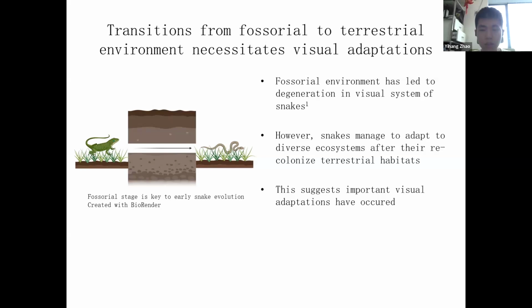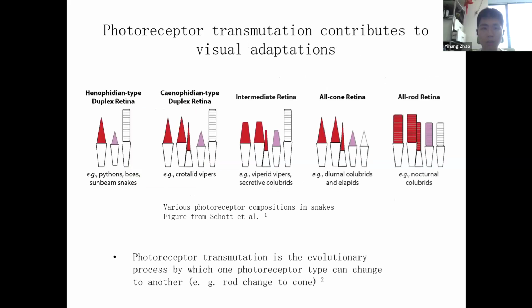What this suggests is there was important visual adaptation when snakes recolonized terrestrial habitats from their fossorial ancestral stage. And among these important visual adaptations, one particularly interesting adaptation is the evolution of photoreceptor compositions.